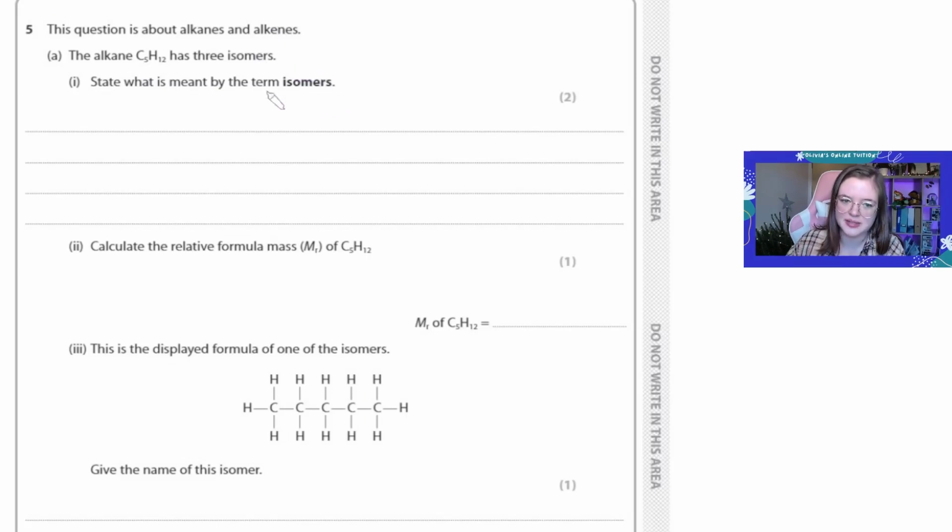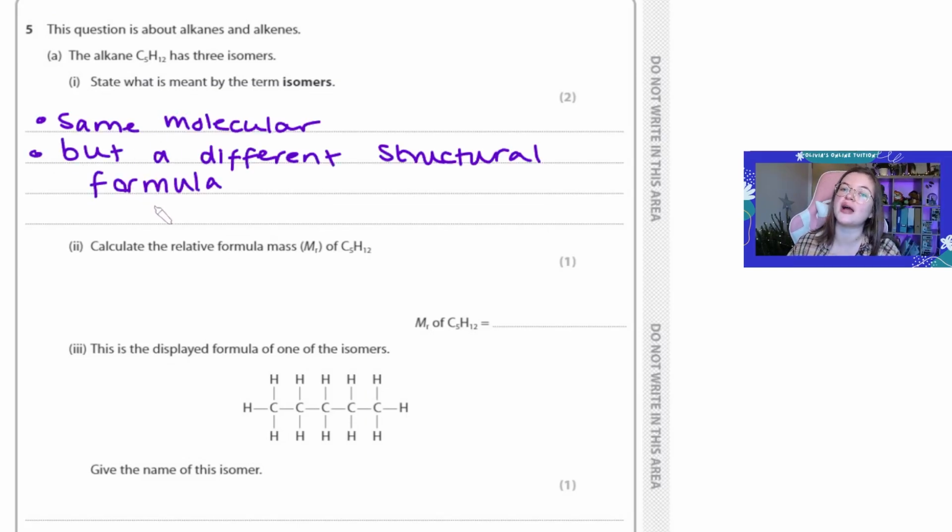So isomers are ones that have the same molecular formula but a different structural formula, which is very different to isotopes, which have the same number of protons but a different number of neutrons, and also different to ions, which have a different number of electrons, either added or taken away. So yeah, 3 terms, very similar, very important that you know the difference. They do ask about them all the time.